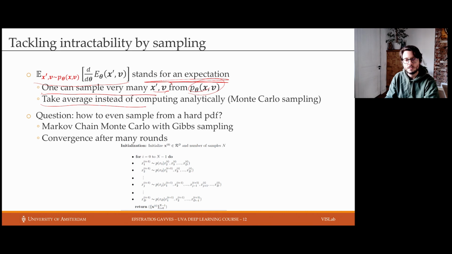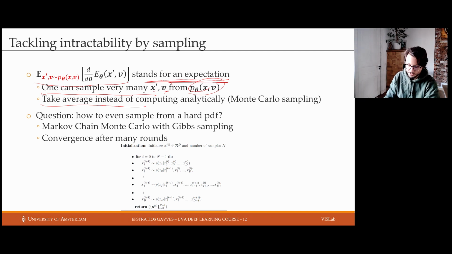The problem here, however, is how to even sample. I mean, we have a probability density function, but it's not clear how we can generate new samples. It's not like a standard Gaussian or the uniform distribution, for which there are known routines.